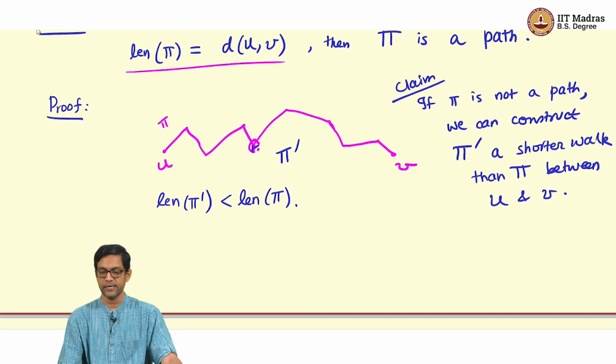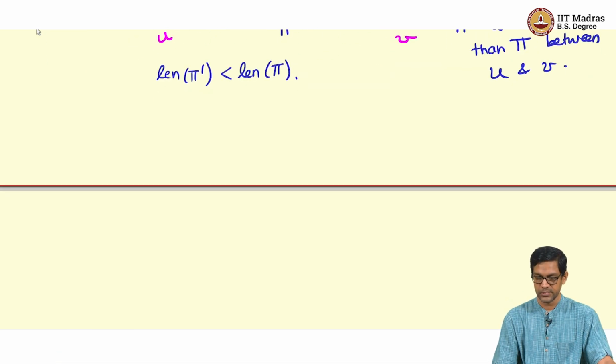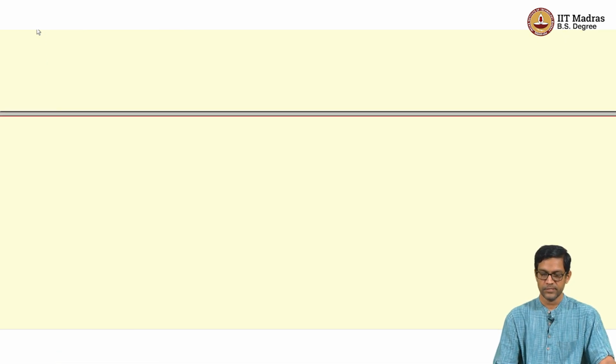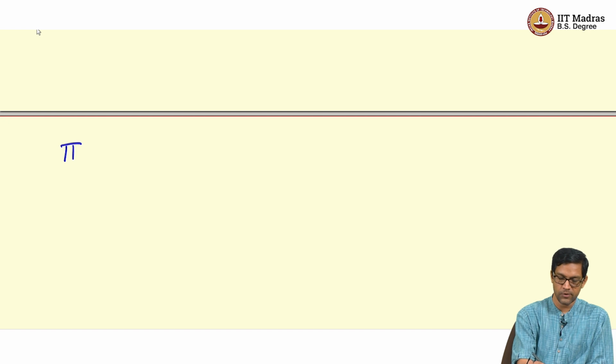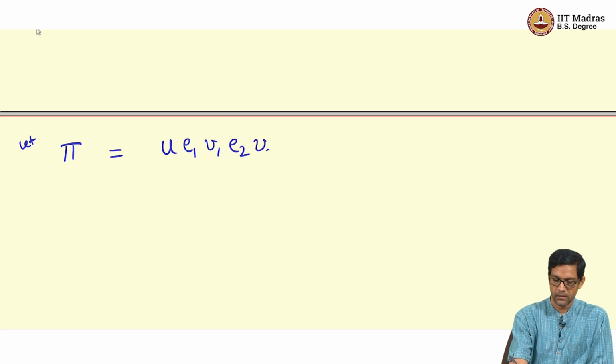So, let us just write it out a little bit formally in this case. So, we assume pi is a walk, but not a path. So, let us write pi in that notation that we wrote out. Vertex V0, so V0 is actually U, and then there is E1, and so on up to Vk.